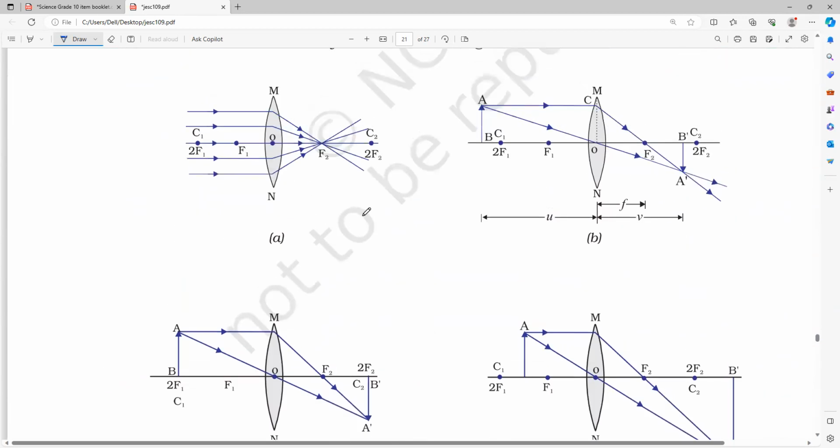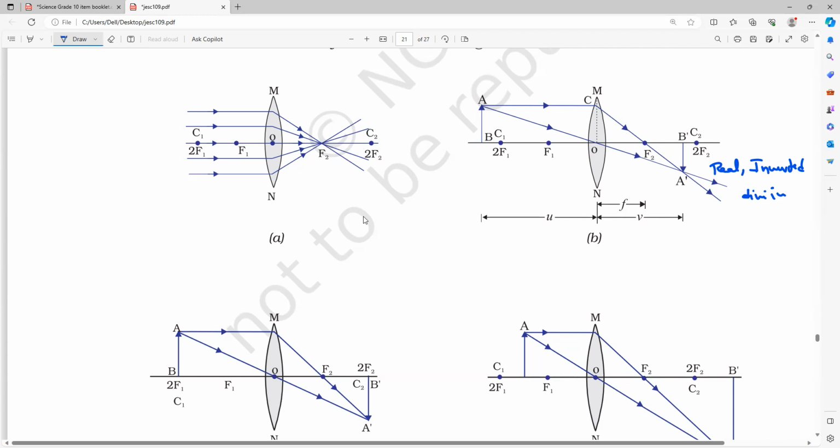So the object is beyond 2F1. What are the characteristics of the image we are getting? Real, inverted and diminished image. Now imagine this lens is shifted to F1.